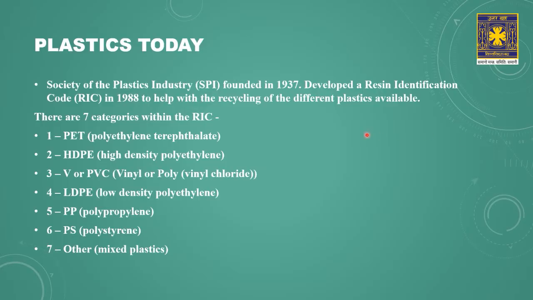These include PET, that is polyethylene terephthalate, HDPE, high density polyethylene, vinyl or PVC, that is polyvinyl chloride, LDPE, that is low density polyethylene, PP, that is polypropylene, PS, polystyrene, and other mixed plastics.